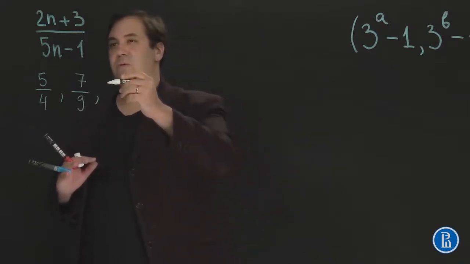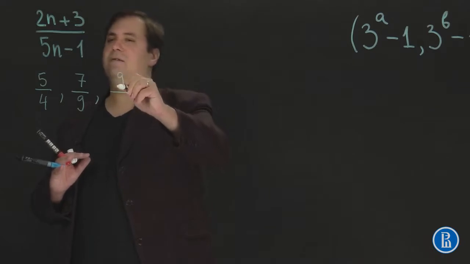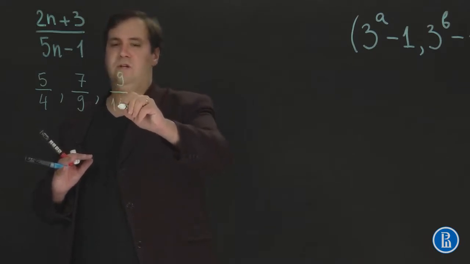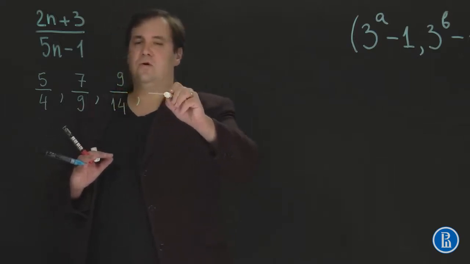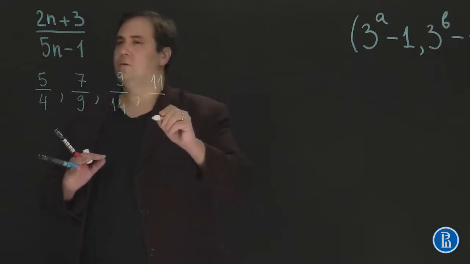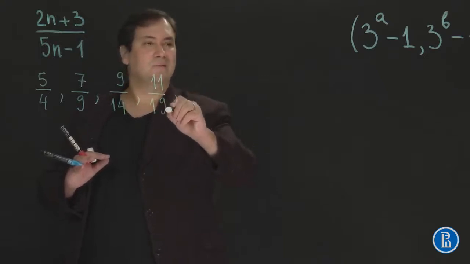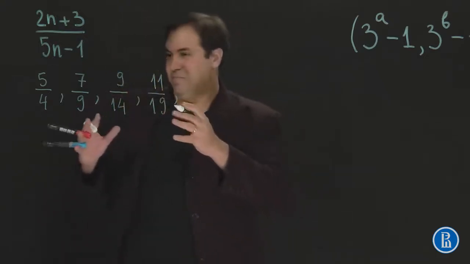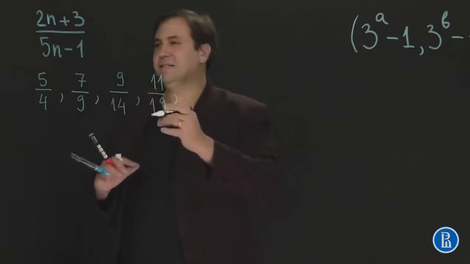If n is equal to 3, then we have 9 over 14, also irreducible. If n is equal to 4, then 11 over 19, irreducible. By this time it seems that it will always be irreducible, but let's continue.